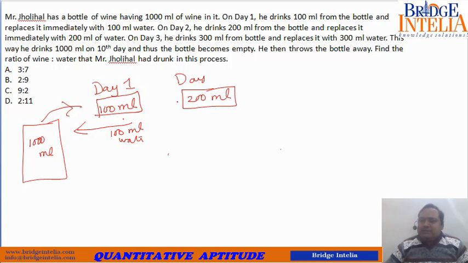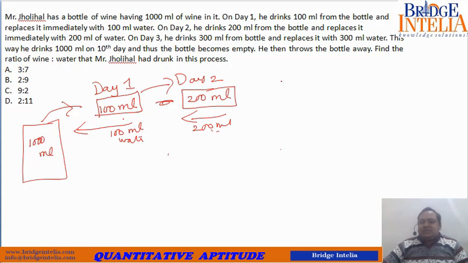Plus, understand the difference between day 1 and day 2. On day 1, whatever he took out was pure wine. On day 2, he is taking out a mixture because water was already mixed in on day 1. So this is the difference that you have to keep in mind. On day 2, he took out 200 milliliters, drank it and refilled 200 milliliters of water.